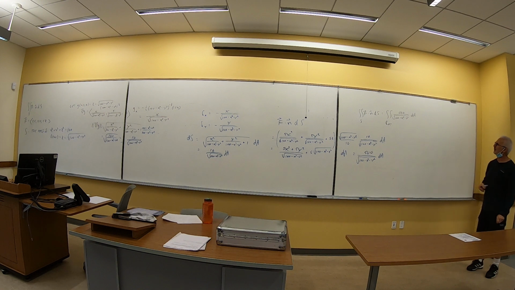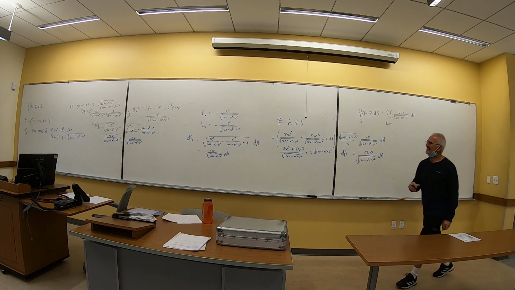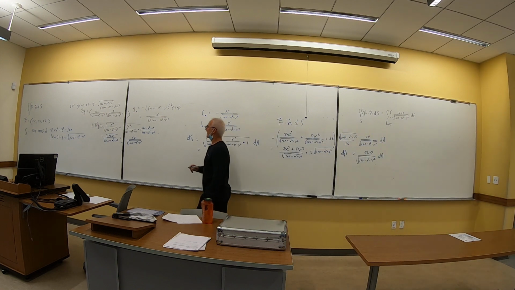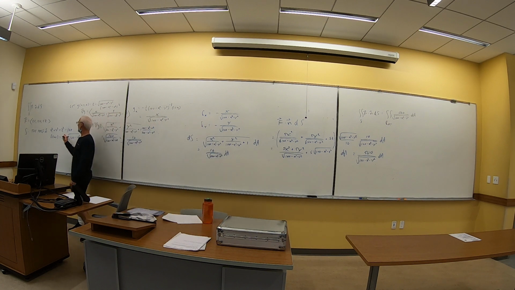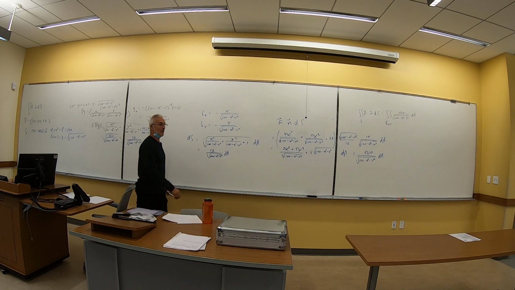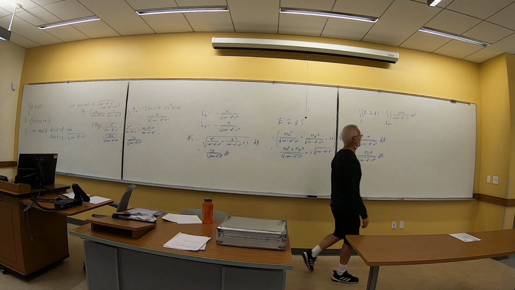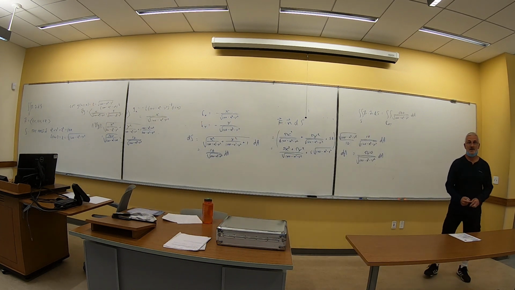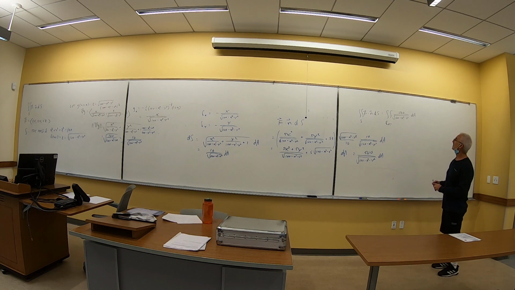Can't do that. Now, what is my region in the xy plane? This is real easy. Circle. It's x squared plus y squared equals 100, isn't it? It's the circle of radius 10 centered at the origin. Well, based on that alone, I probably want to go polar, but also looking at my integrand, that denominator is kind of scary looking, isn't it?